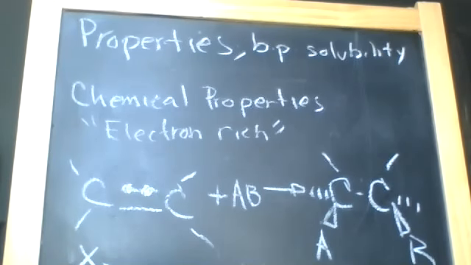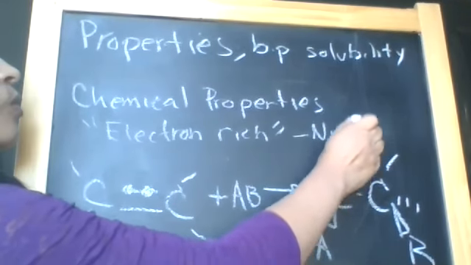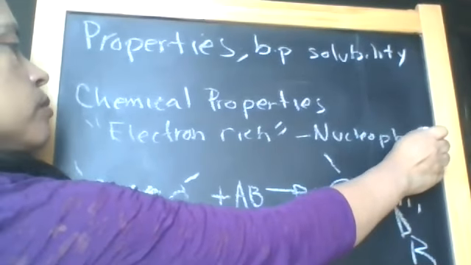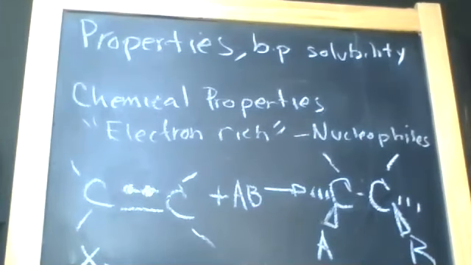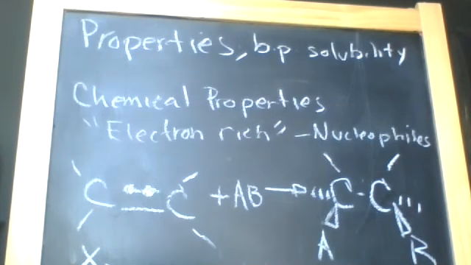And from your chapter 6 reading, I hope that you learned that electron rich molecules are often referred to as nucleophiles because they are attracted to nuclei. So these molecules that are electron rich are going to undergo the same type of reaction every time.